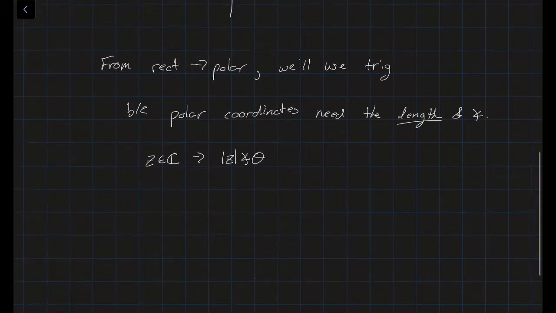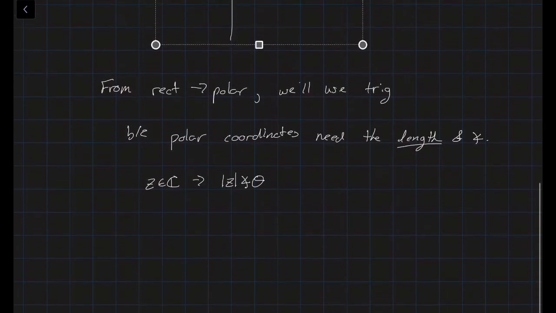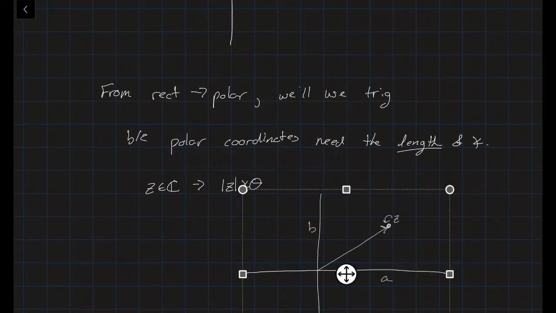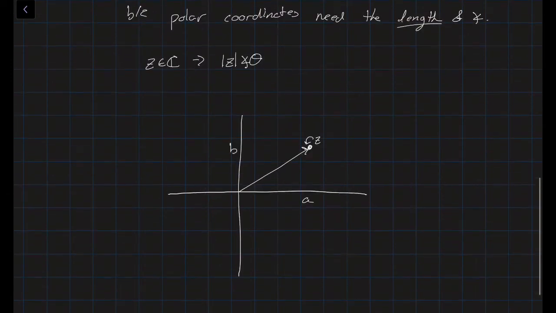And the angle is going to be the angle counterclockwise from the positive x-axis to the line formed from the origin to the point itself. We'll just draw a quick picture to get an idea of what is meant by that. And the length of the complex number is just going to be the length of that line from the origin to the point.